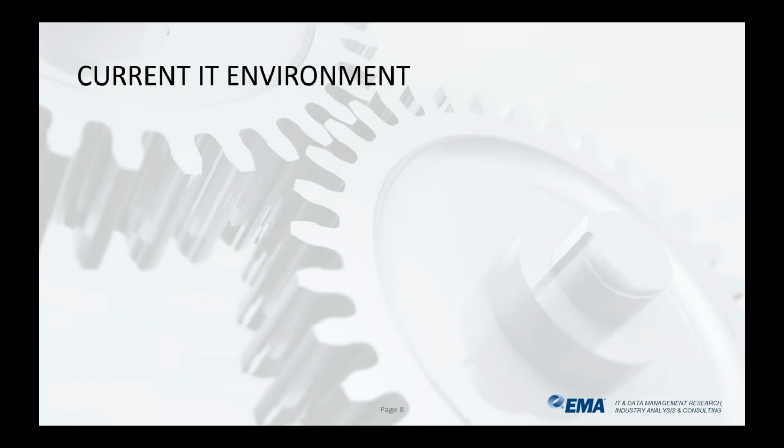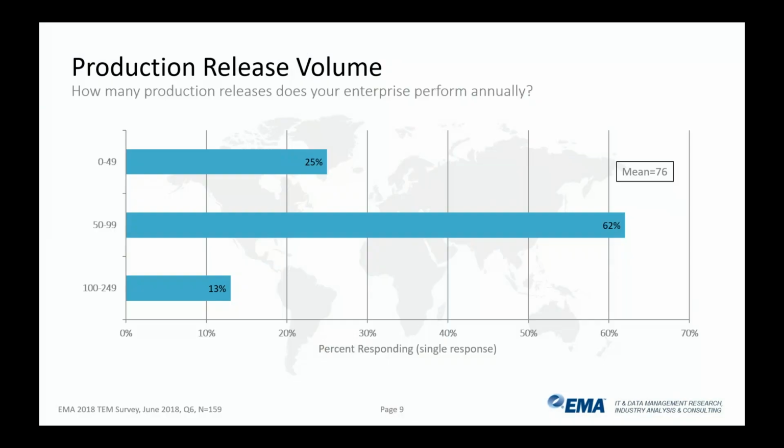All right, now let's talk about the current IT environment that we found across the enterprises that we surveyed. And slide 9 here shows annual production release volumes. Now, I was a little surprised that no enterprise selected any other responses greater than the 100 to 250 range, as you see, and only 4% of the sample said that test environment management was really part of their DNA.